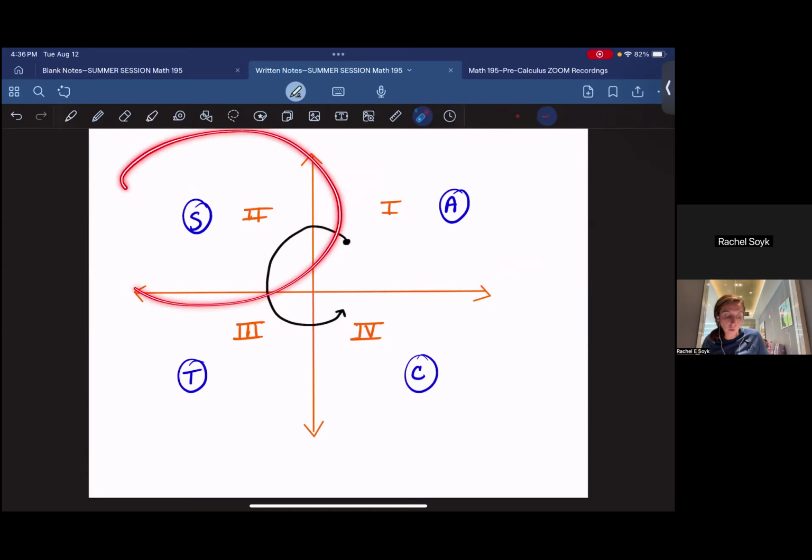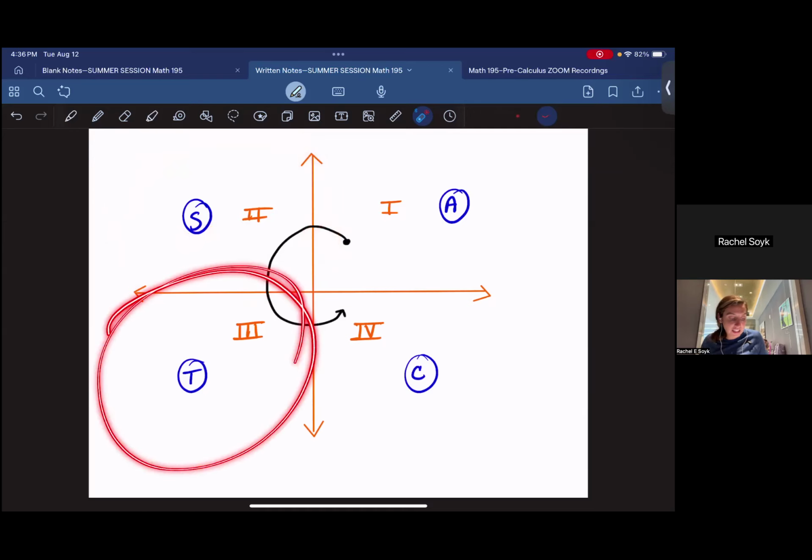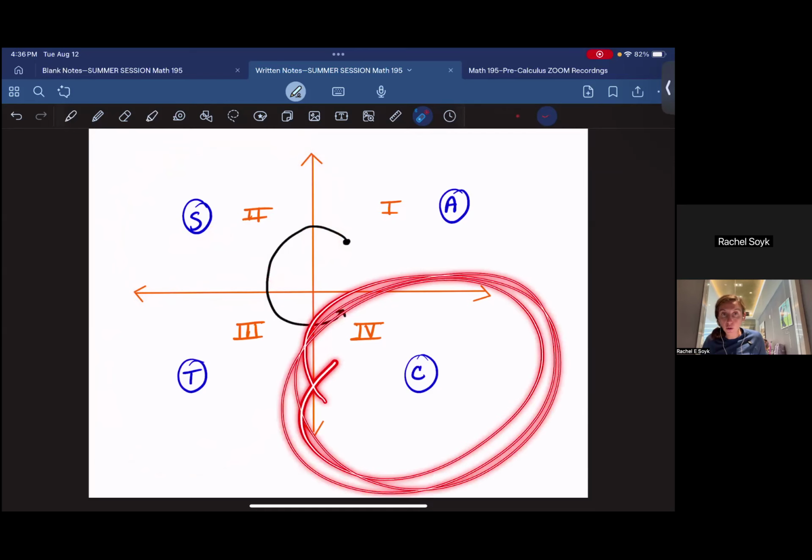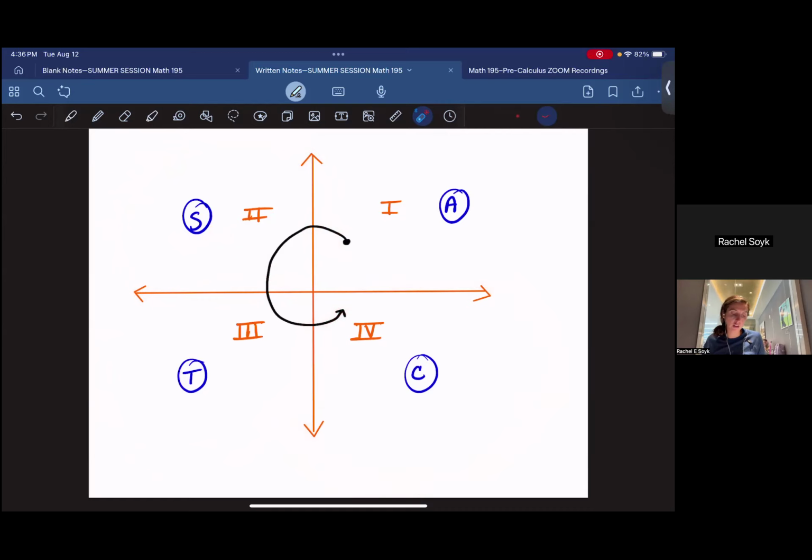In our second, only sine and cosecant are positive, everything else is negative. In our third, only tangent and cotangent are positive. And in our fourth, only cosine and secant are positive. There's a more formalized version of this in our 7.4, but I'll write it in now because I think it will be helpful.